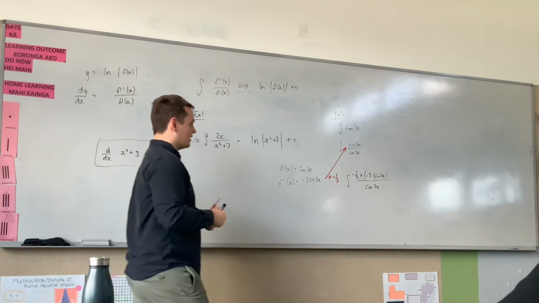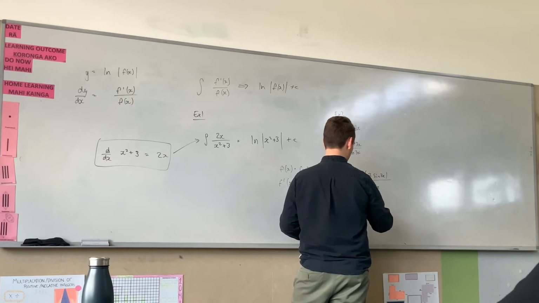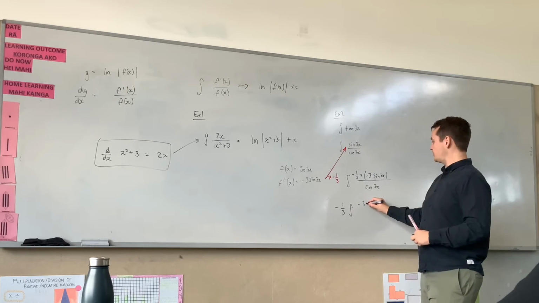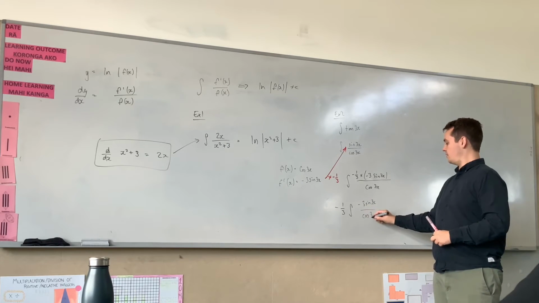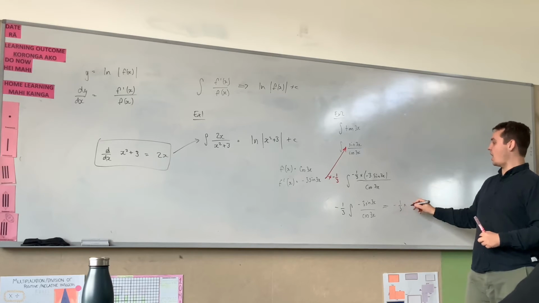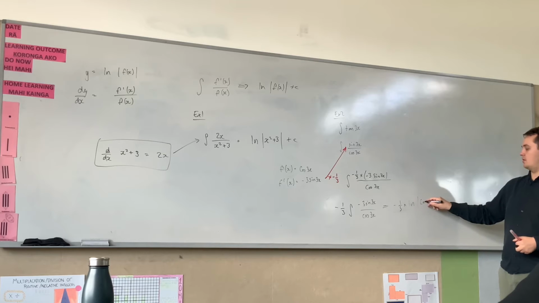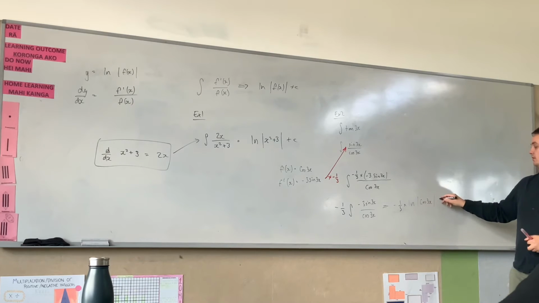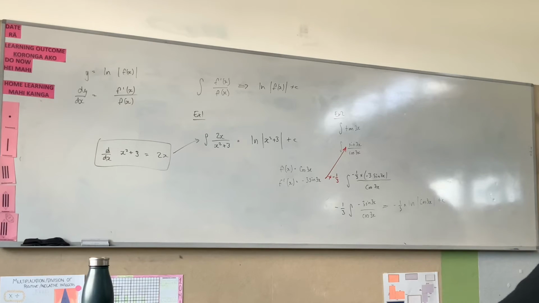I take k to the front, so minus 1/3 times the integral of minus 3 sine 3x over cos 3x, which is equal to minus a third times our natural log expression. I'm really hoping I've not made some mathematical error there because I didn't actually check. Is that right?